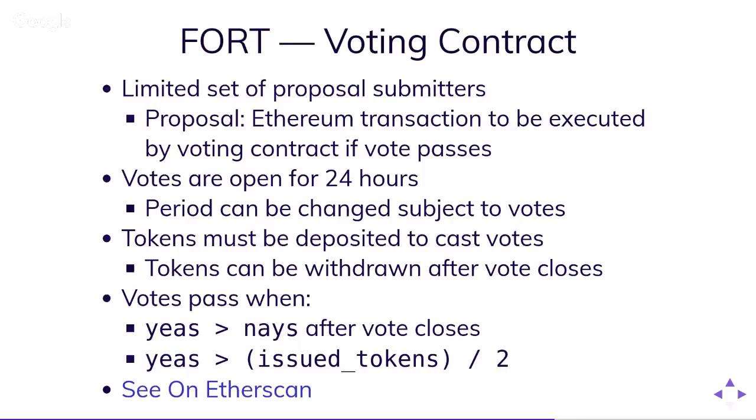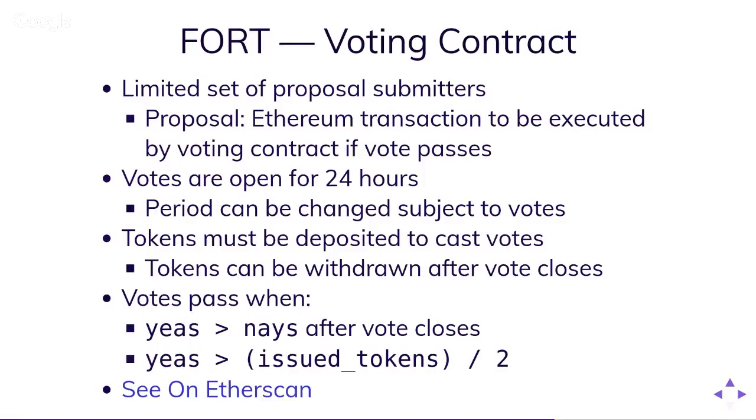It would be very complicated to try to track each vote against each individual token. So instead, we just lock the tokens into the contract. If there are multiple proposals, you can vote on multiple proposals with the same set of locked tokens, but they cannot be withdrawn from the contract until all of the proposals you have voted on have expired.